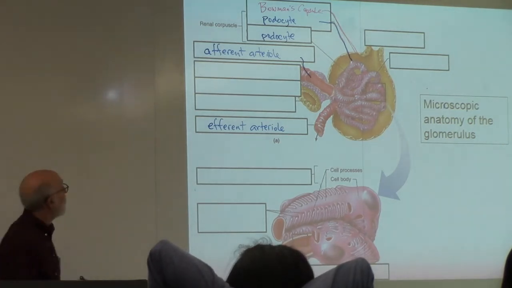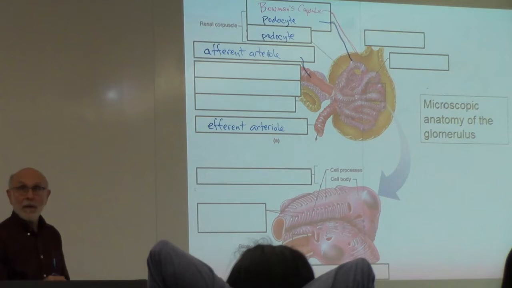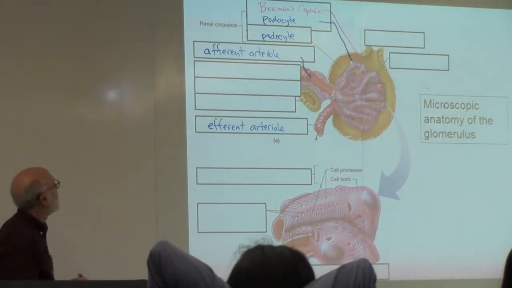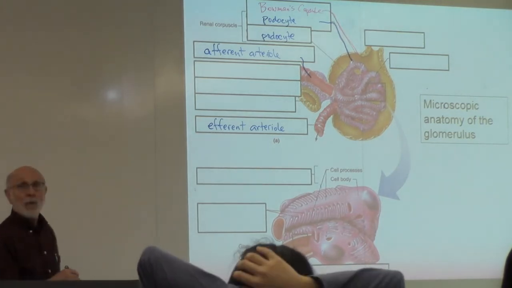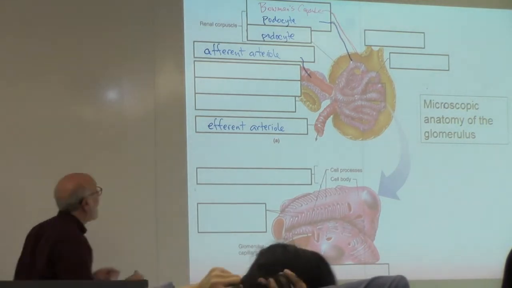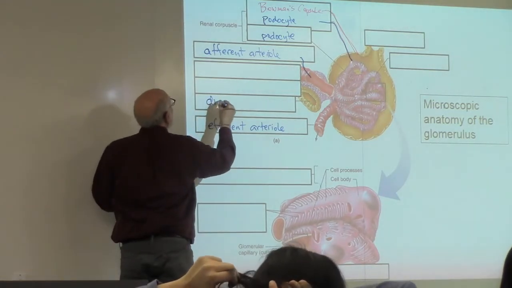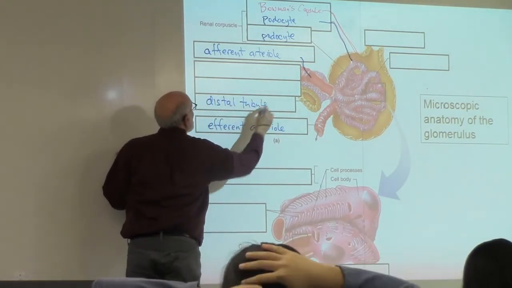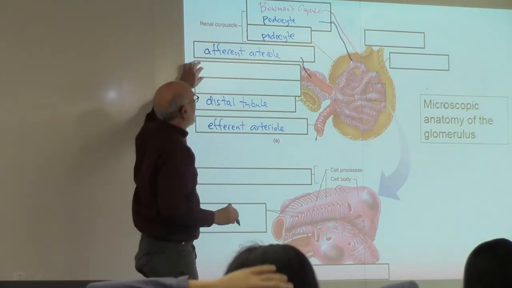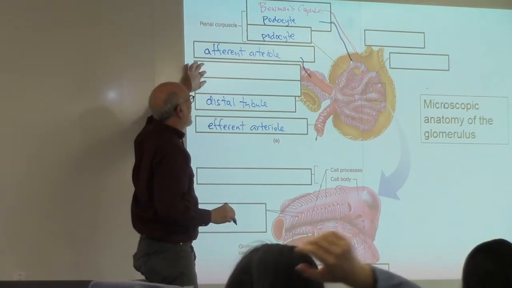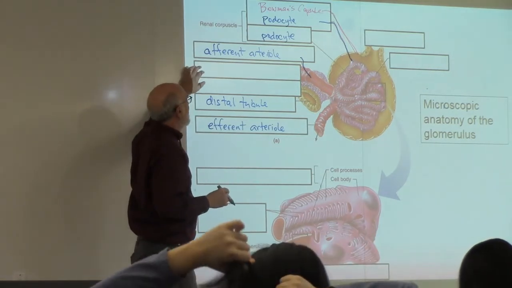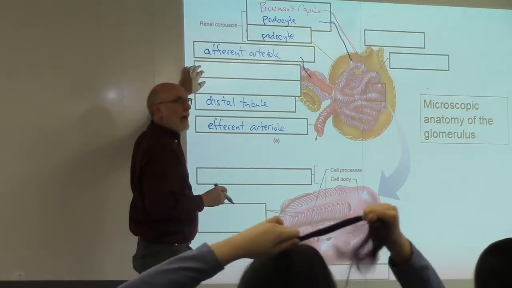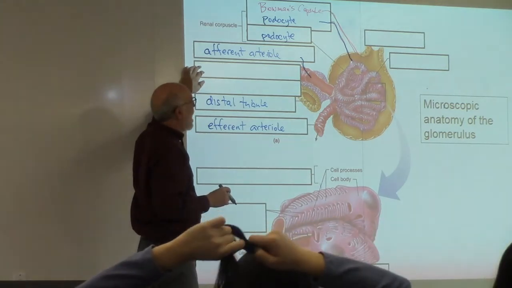The one above the afferent arteriole is the podocyte. No, the one above efferent. Oh, the one above efferent is the distal tubule? Yes, that would be the distal tubule. Good. All right, then what are we calling the structure that makes the contact between the distal tubule and the afferent arteriole?